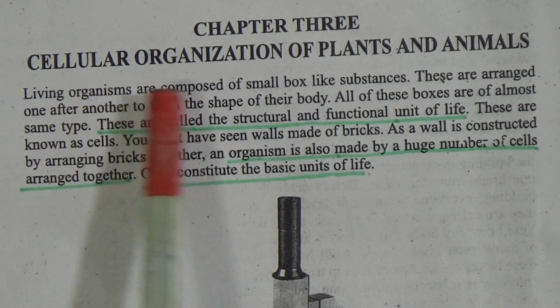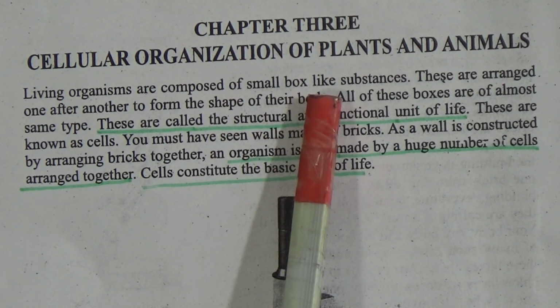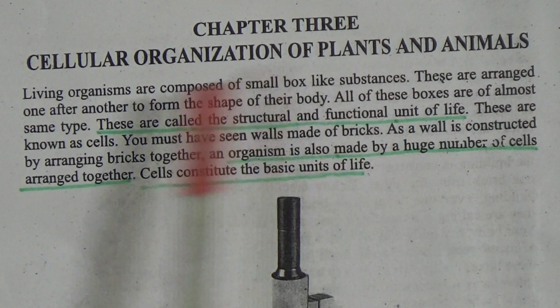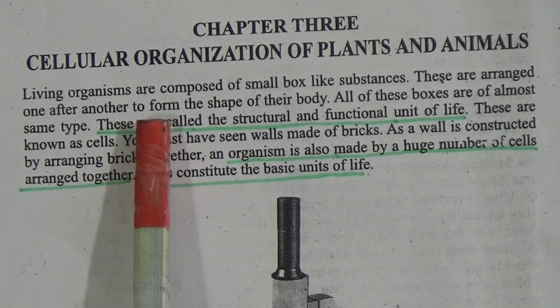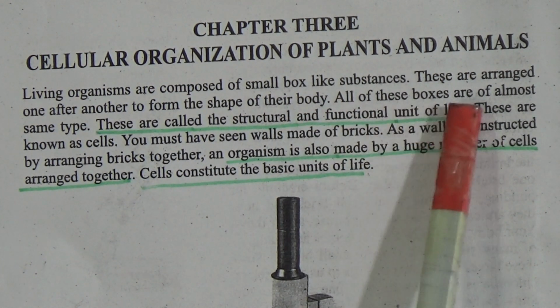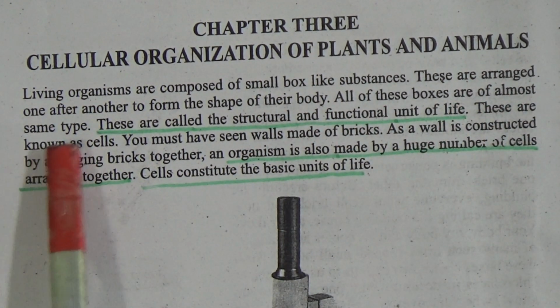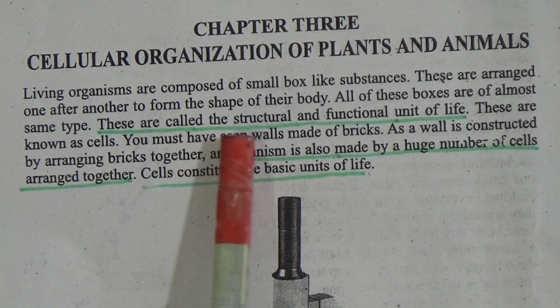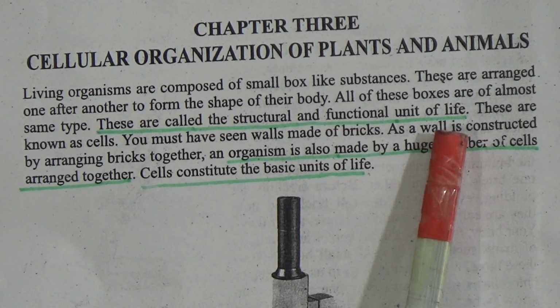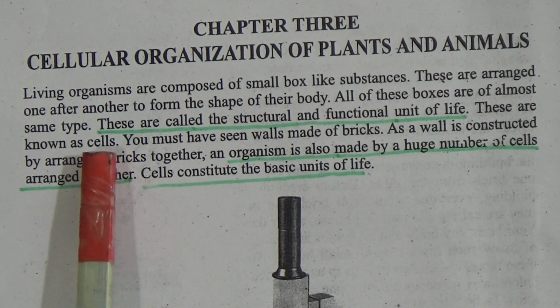Living organisms are composed of small box-like substances. These are arranged one after another to form the shape of their body. All of these boxes are of almost the same type. These are called the structural and functional unit of life. These are known as cells.